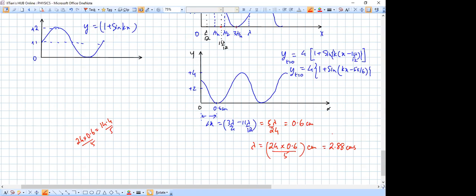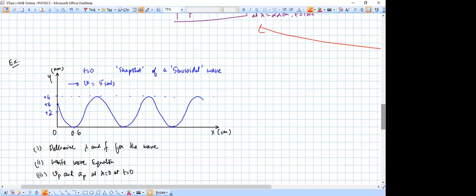Okay. So now coming back here, we've also got the equation for the snapshot picture: y at t equal to 0 is 4 into 1 plus sine kx minus 5 pi by 6.